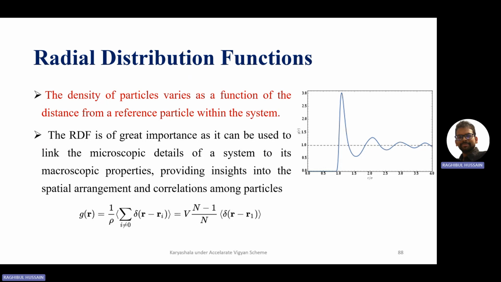Let's say the center of mass is this one, N. Now, with respect to a particular distance, how many N are present in the three-dimensional space, that is represented by RDF in a two-dimensional plot, right?